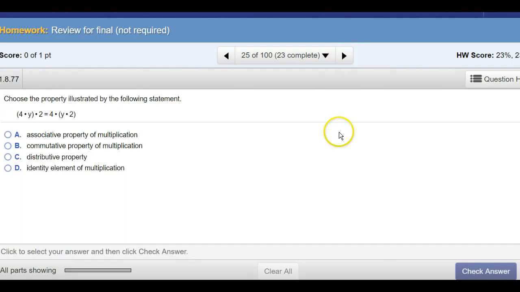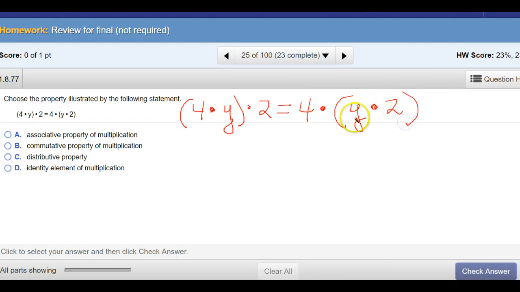Now here they're asking to choose the property illustrated by the following statement. And what are they asking here? Well, we have, let me write it out here. 4 times y times 2 equals 4 times y times 2. Now, as far as you can see, has the order been changed? 4y2, 4y2.